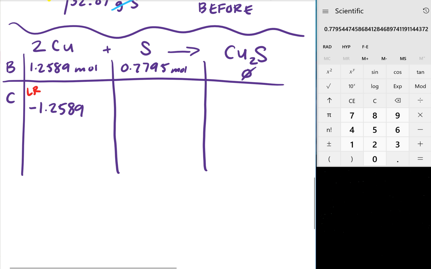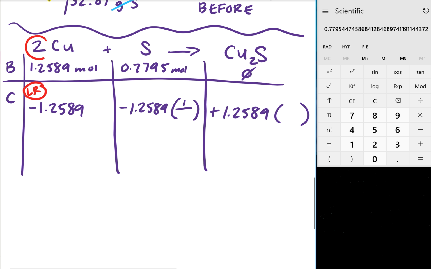Since we're saying that the copper is limiting, its value gets carried over to all the other columns, and those get multiplied by that mole ratio fraction. The mole ratio for sulfur, its coefficient is 1, and you're going to divide by the coefficient of the limiting reactant, and we just said that the limiting is going to be copper, and its coefficient is 2.